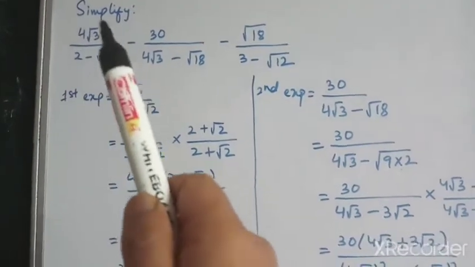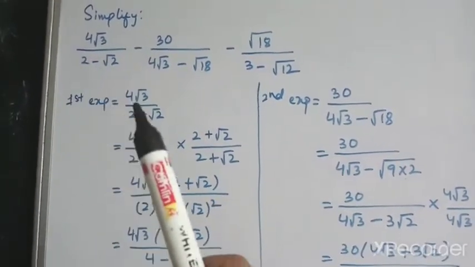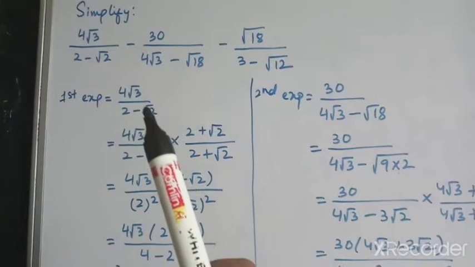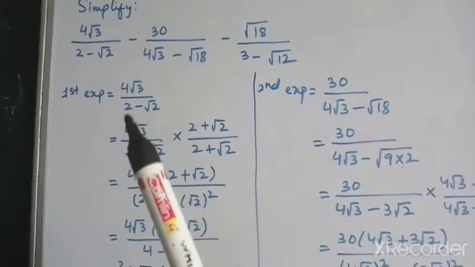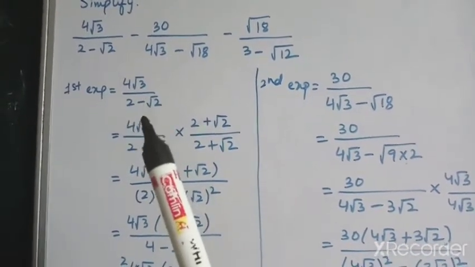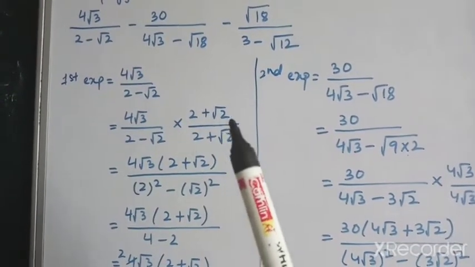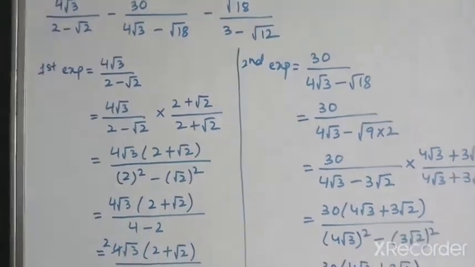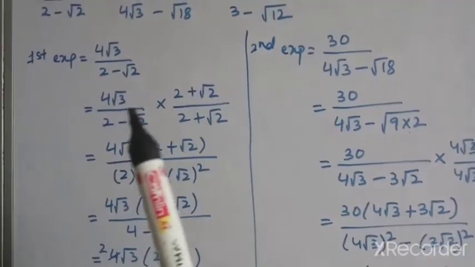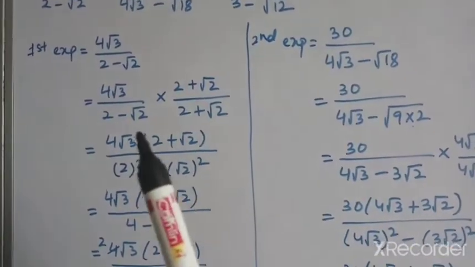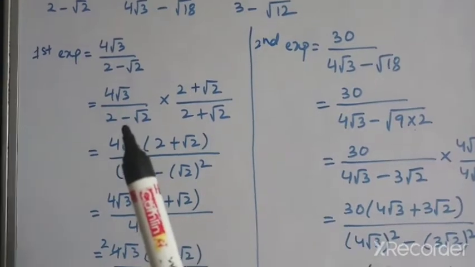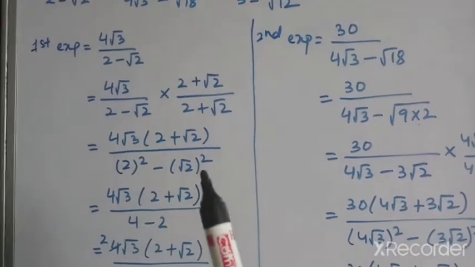So first of all, let us rationalize this one: 4 root 3 by 2 minus root 2. Since this is a binomial surd, in order to rationalize we need its conjugate. The conjugate of 2 minus root 2 will be 2 plus root 2. So we'll multiply and divide by 2 plus root 2. This is in the form a plus b into a minus b, which is a square minus b square.